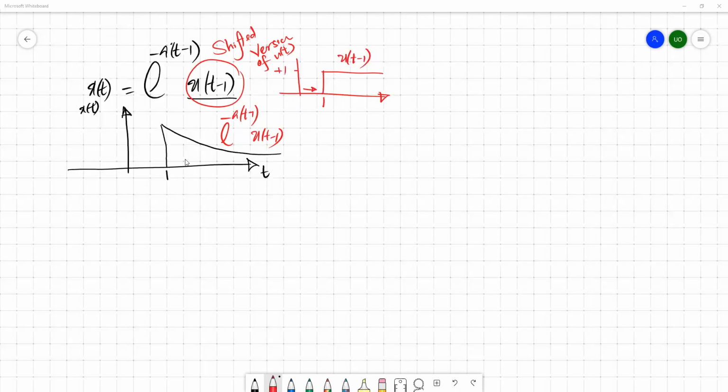The second thing: what happens when this a becomes a complex number?